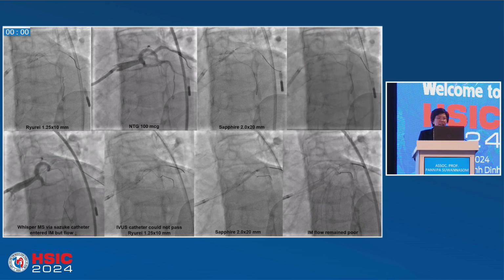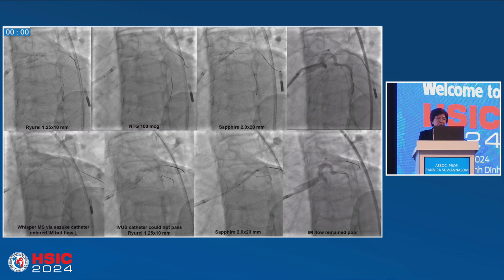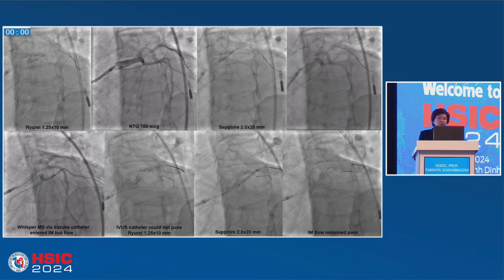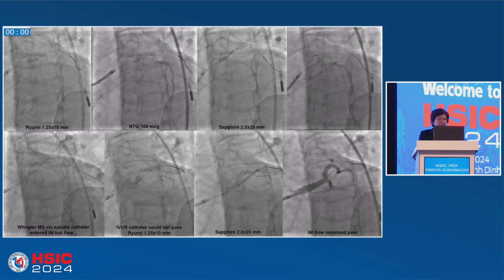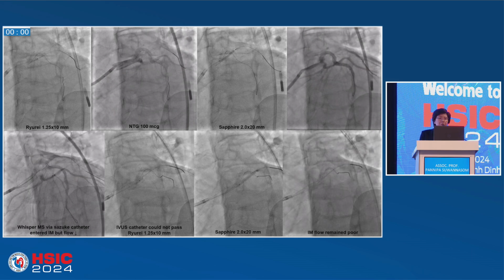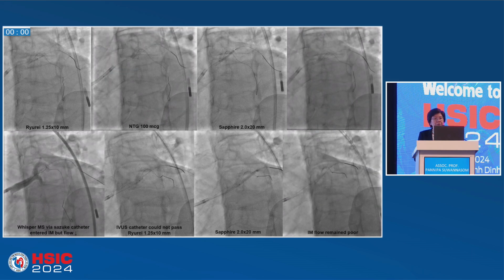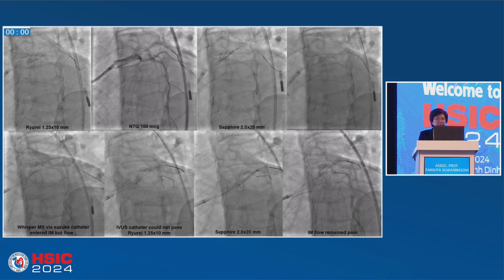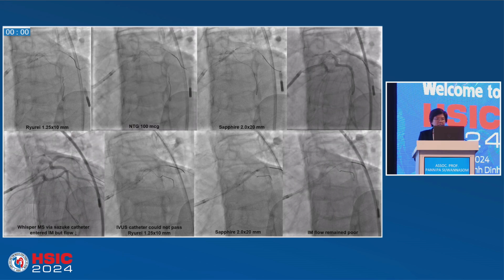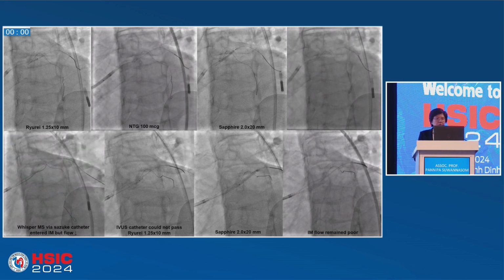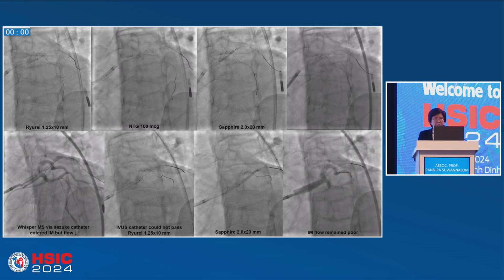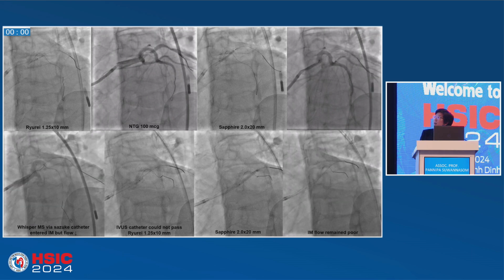So I get another wire and try to wire in, following the path of the previous one, in the two lumens with the IVUS catheter. But as you can see, even when I go there, the IVUS catheter cannot go, and the wire just can't go. So I decide to use the small balloon again, the Sapphire balloon.